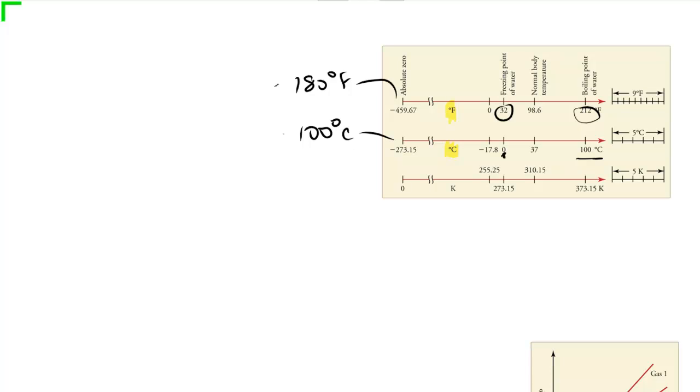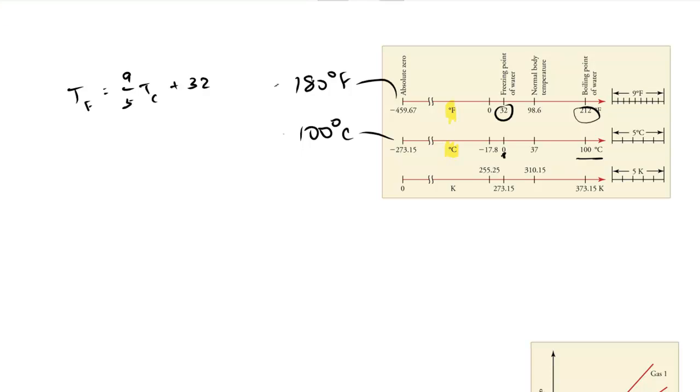Fahrenheit starts out at freezing water is 32. The temperature in Fahrenheit is equal to 9/5 of the temperature in Celsius plus 32 degrees. So TF being your Fahrenheit temperature, TC being your Celsius temperature.